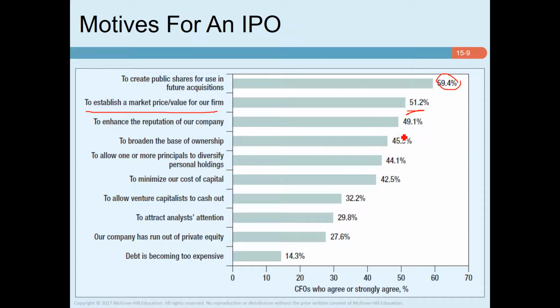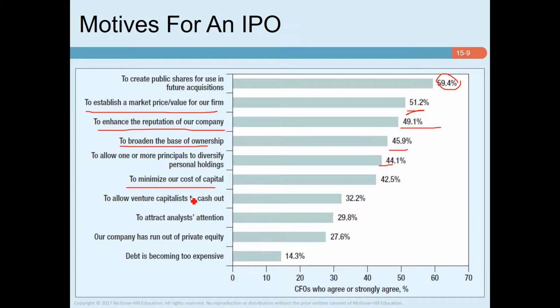And also, about half of the CFOs said that another motive for engaging in an IPO is the enhanced reputation of the company. 46% said to broaden the base of the ownership, and 44% said that they engage in an IPO because it allows one or more principals to diversify personal holdings.